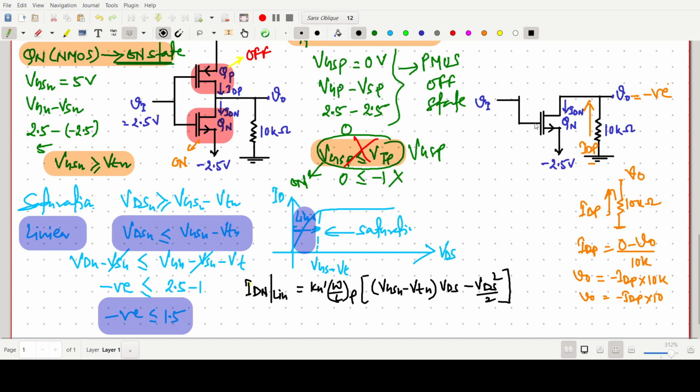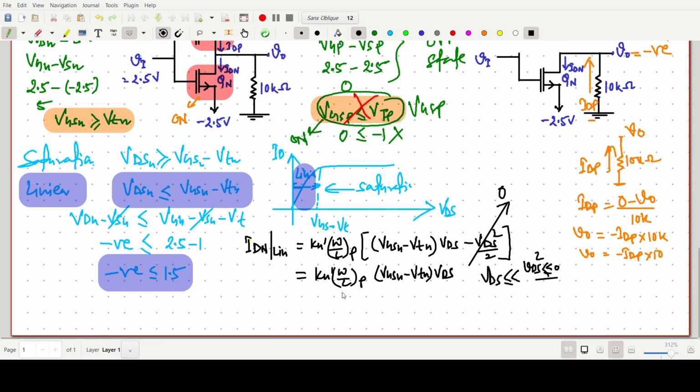Now we are assuming that the drain to source voltage is very small, so we neglect the square term, taking it as 0, because VDS is very small and its square is even smaller. For a very small value of VDS, the expression can be written as VGSN minus VTN into VDS.